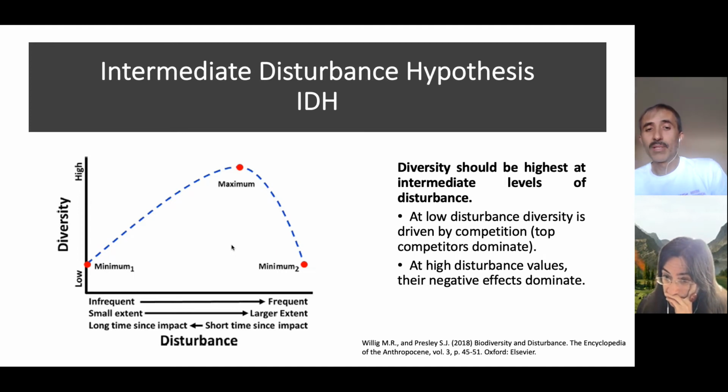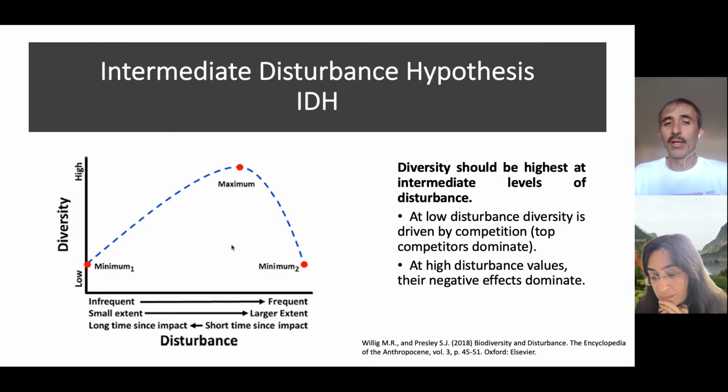But if you introduce disturbance that is not very frequent and not of very high impact, then there are more strategies available. How do you cope with a fire? You resist it. If after the fire you're able to regrow, then with this combination there's more room for strategies and higher biodiversity.